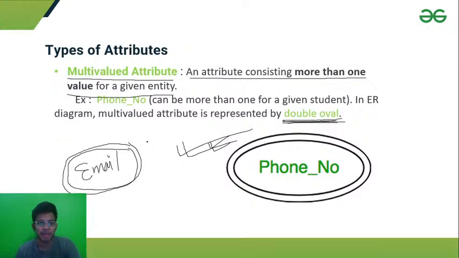One attribute can be a multi-valued attribute; it doesn't mean it cannot be any other type of attribute. If an attribute comes under one type, it can come under another type also. So email can be a multi-valued attribute, and email can be a composite attribute.